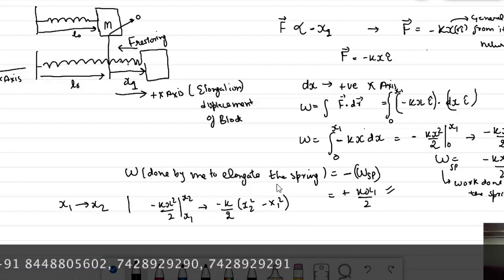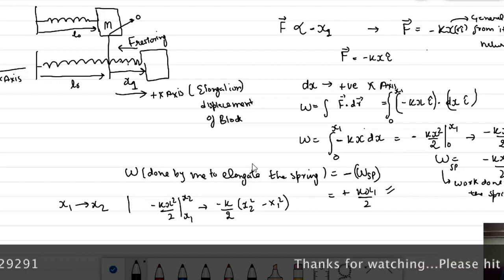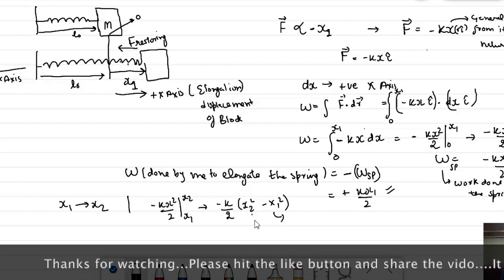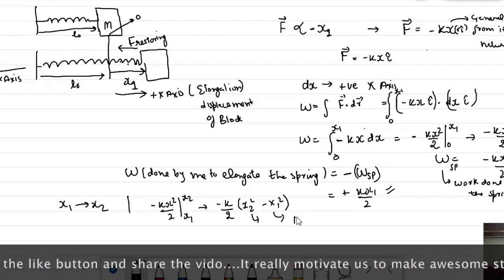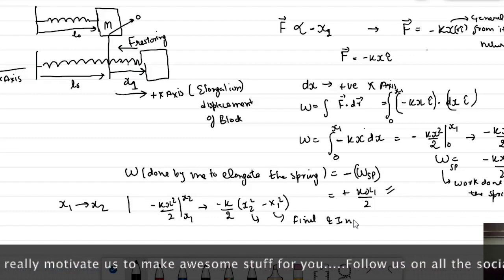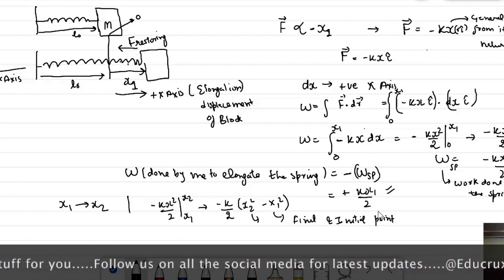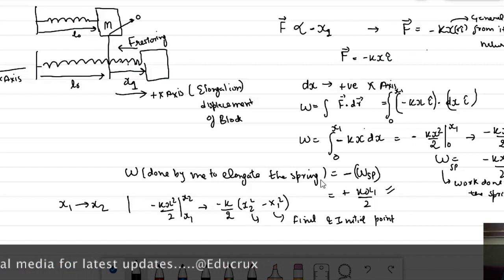So you see how the work done by the spring force is just depending on the initial and the final point. So the work done by the spring force is only depending on the final and the initial point. So you see, if I extend the spring from x1 to x3, then my answer will change to x3 square minus x1 square.